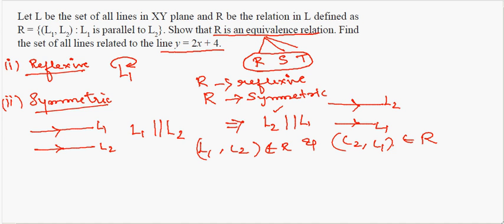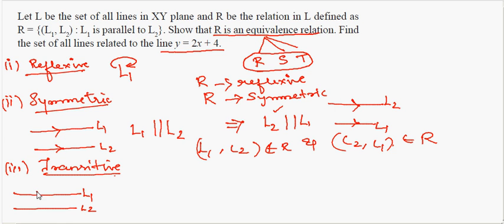Next we'll check for the third property, that is transitive. Suppose I take three lines. L1 and L2 are parallel to each other, which belongs to the relation. Then I take another pair, L2 and L3, also parallel to each other.